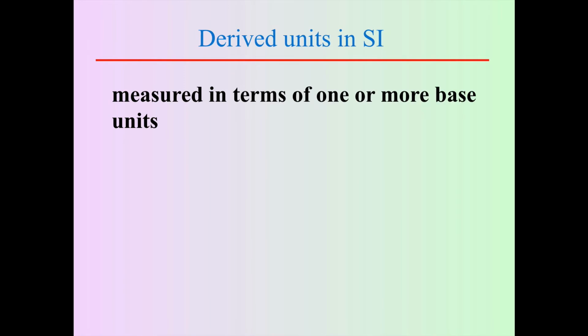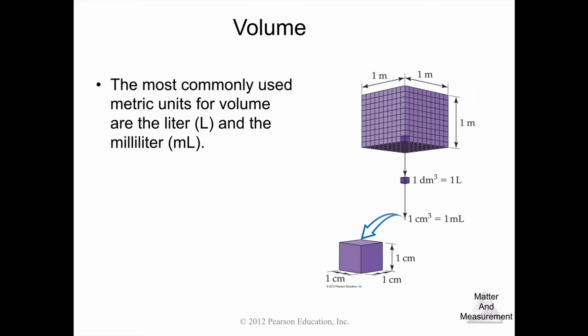As I said, if you're not dealing with a standard unit, you're dealing with a derived unit. So you either multiply or divide these different base units together to derive the other units. For example, if you notice, there wasn't a base unit for volume. Volume is a calculated value, right?